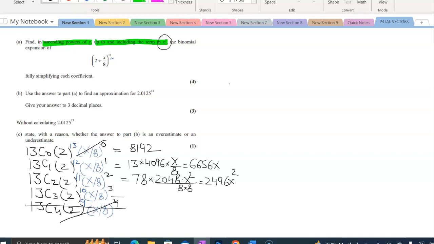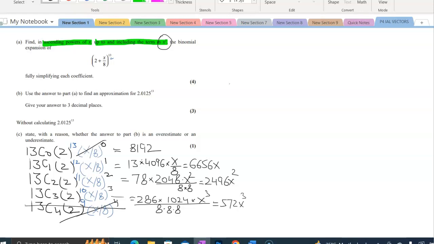And the last term is 13C3, which is 286. 2 to the power 10 is 1024. Then this is x cube divided by 8 cubed, which is 8 multiply 8 multiply 8. So if you calculate, you are going to get 572 x cube.